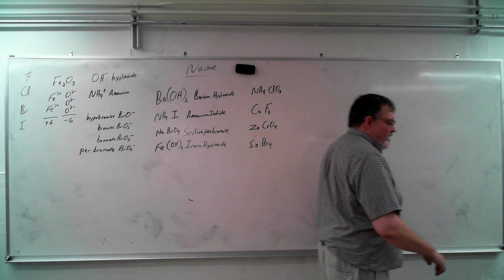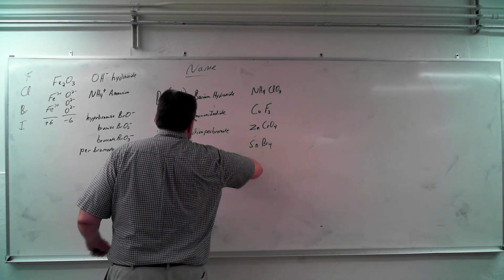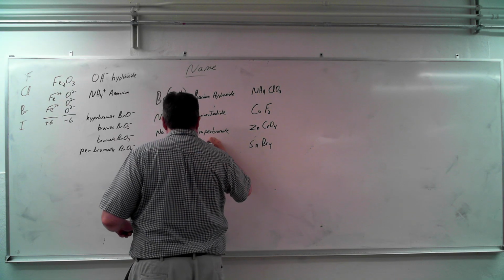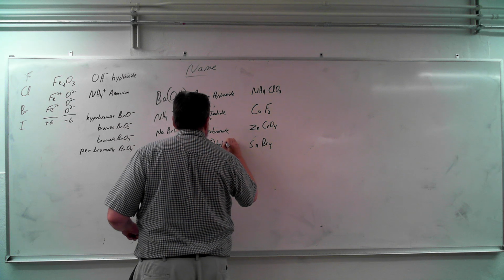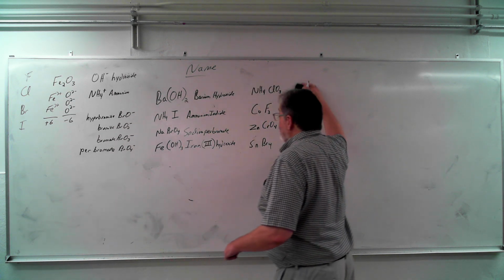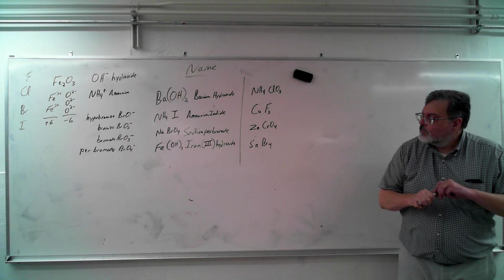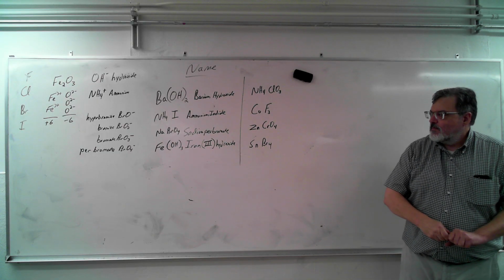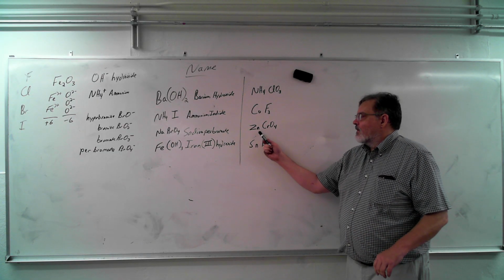We do need the parentheses here. I literally just said you never need the parentheses. Iron. Yeah, you do need the parentheses sometimes. Yeah, when the positive ion is a transition metal, you do need it. Whenever it's a transition metal, you do need it.